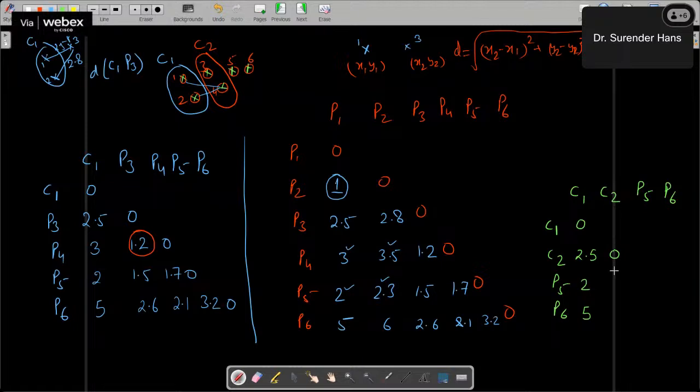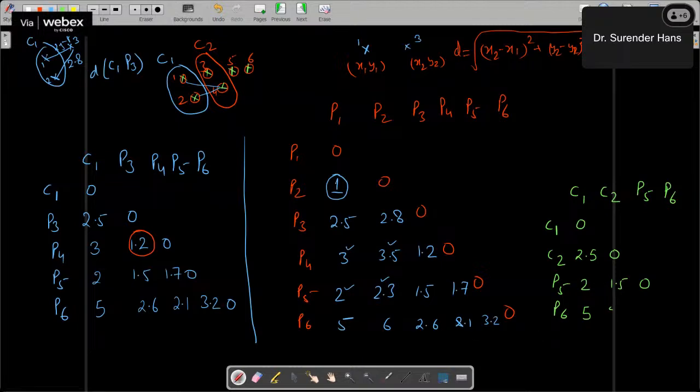Now C2 to P5: 3 to 5 and 4 to 5, so 1.5 and 1.7. So 1.5. P5 to P5 is 0. Now C2 to P6: 3 to 6, 4 to 6, 2.6 and 2.1.